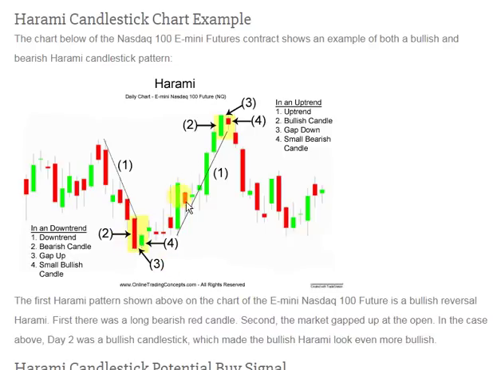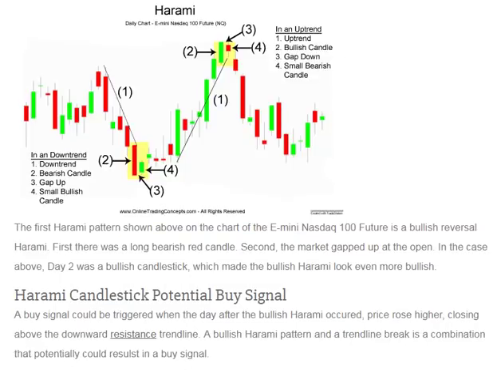You can see this one here, and then we had follow through and we continued to move up. And then this one right here, you see the real body with the baby right there. After that, we had confirmation with this candle and we had a massive sell-off. So really pay attention to this pattern. This is a really important one.